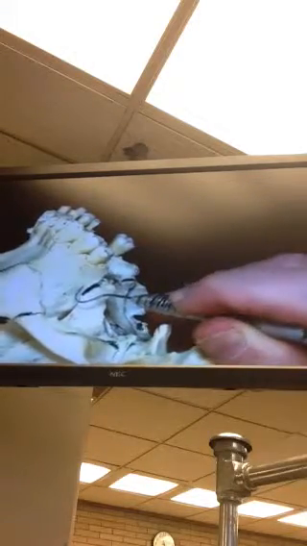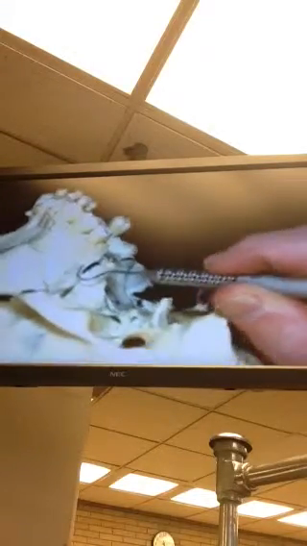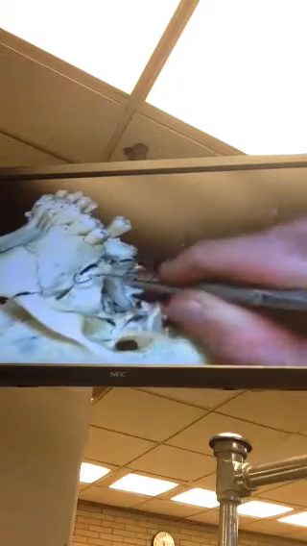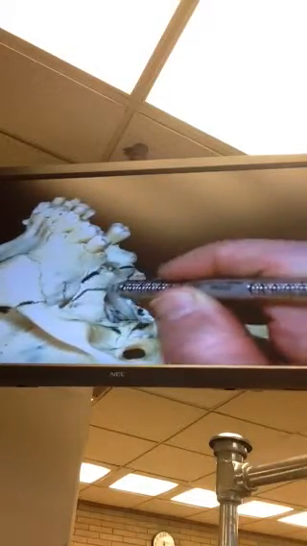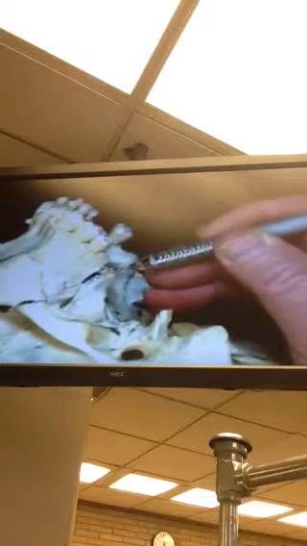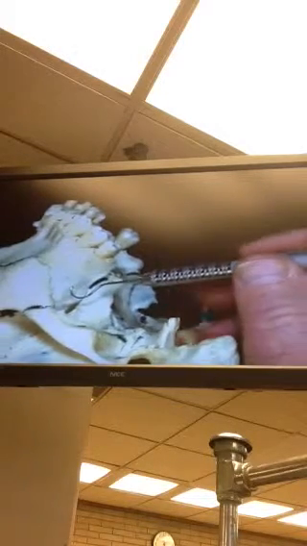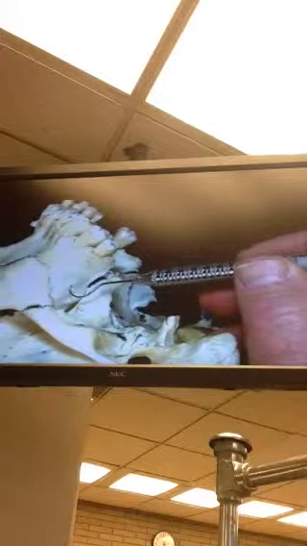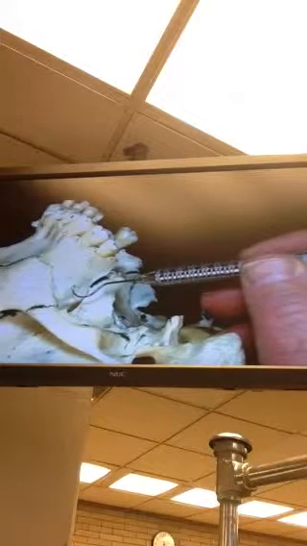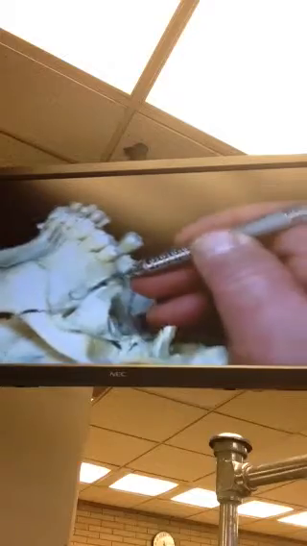This is a groove for the posterior superior alveolar nerve, the nerve that innervates the molar dentition in the maxilla. This opening is for the posterior superior alveolar artery. And we'll talk about these again when we talk about the maxillary artery and the infratemporal fossa. So those are in the tuberosity area in the maxilla.